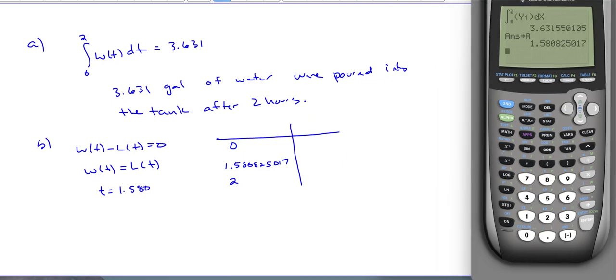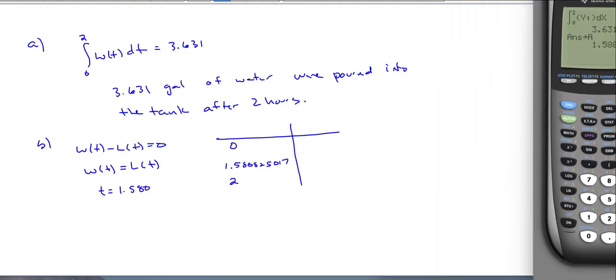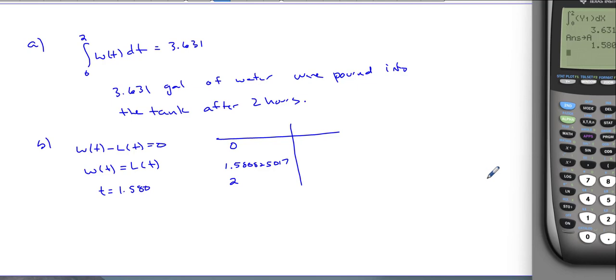The amount of water is calculated by taking the initial quantity plus the integral from 0 to whatever value we have of W(t) minus L(t) dt, parentheses around the whole thing. I can put an X up here and put an X right here if you want. It doesn't really matter, guys.